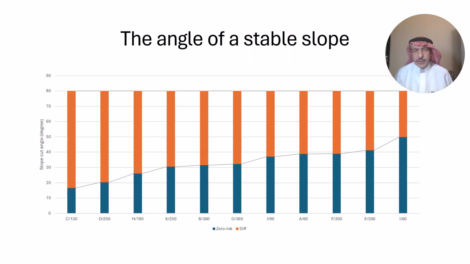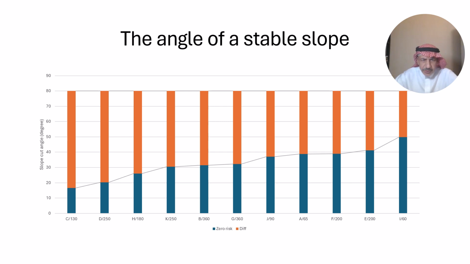The slope cut angle that reflects zero failure at the maximum failure direction of the different sites is presented here. For example, at site I, the maximum failure is at 60 degrees, while the slope cut angle is 50.